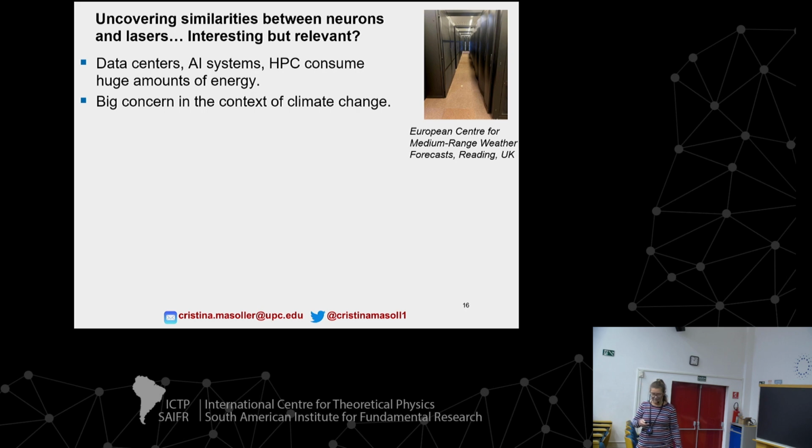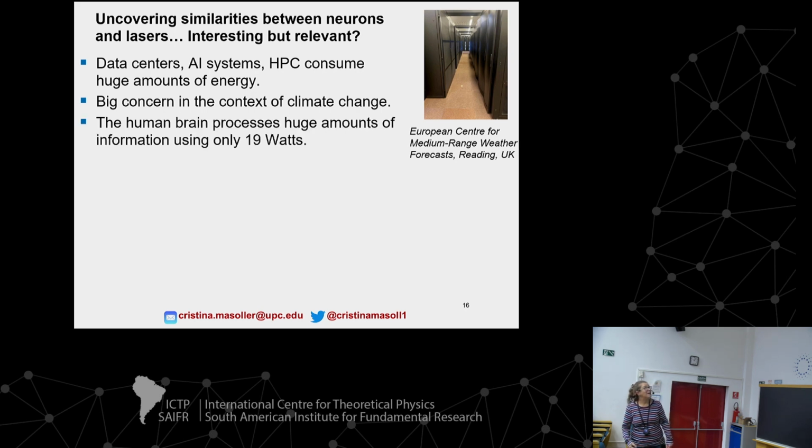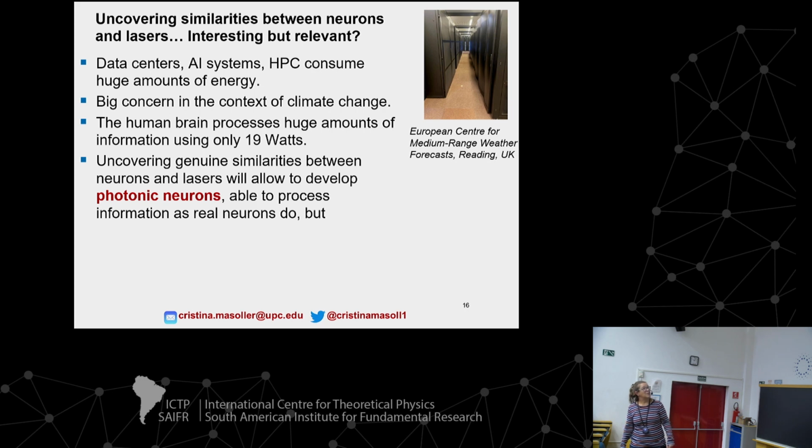So if we can somehow mimic how the human brain processes information with only 19 watts, then it'll be a huge development, no? So that's the point. There are a lot of people working on developing photonic neurons. These photonic neurons not only will be faster, orders of magnitude faster, but will also be much more efficient. Okay, much less energy consumption.